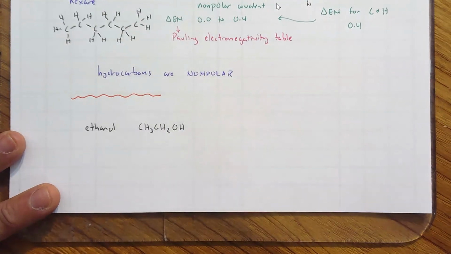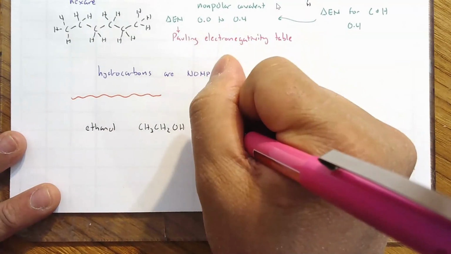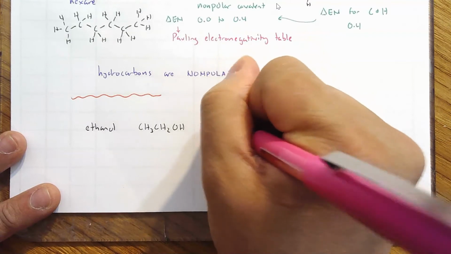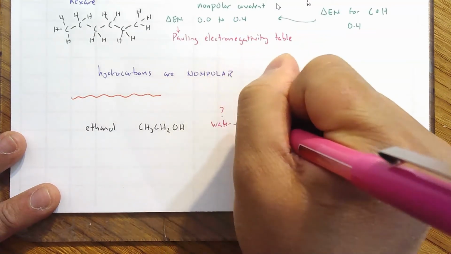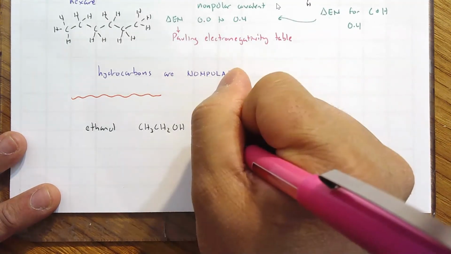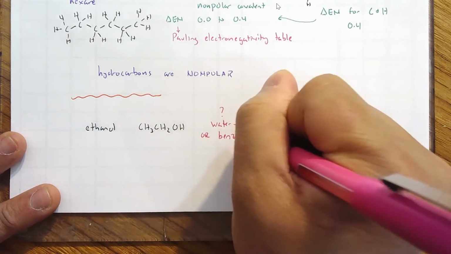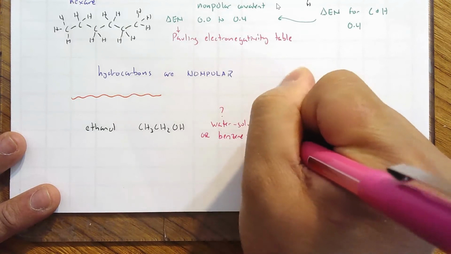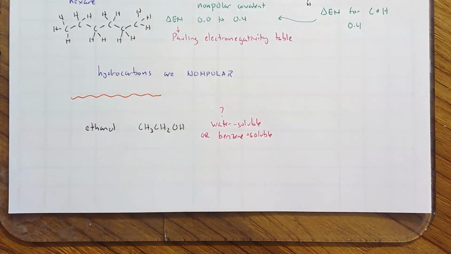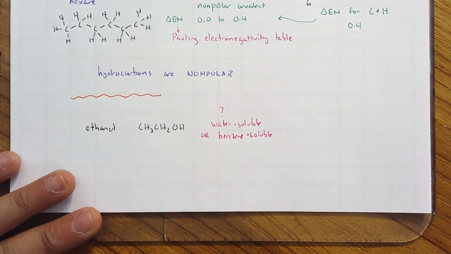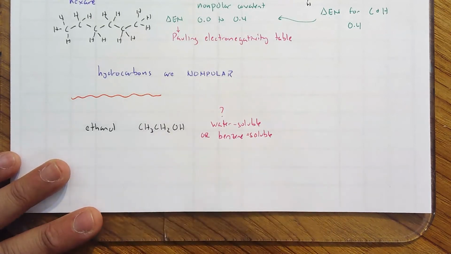So the question is, water soluble or benzene soluble? You're going to say that ethanol has hydrogen bonding.